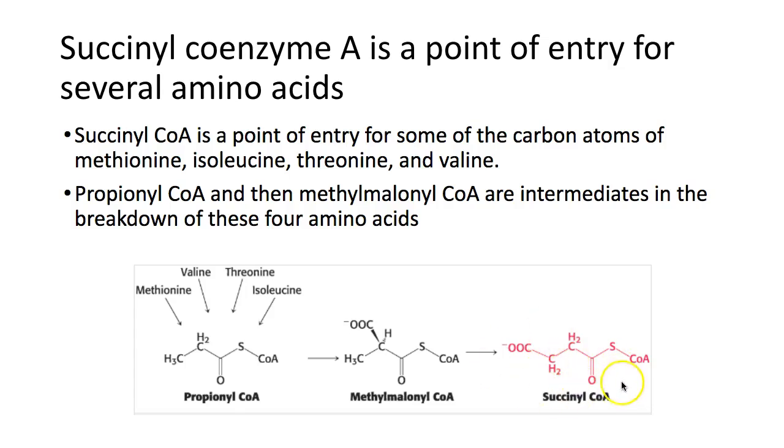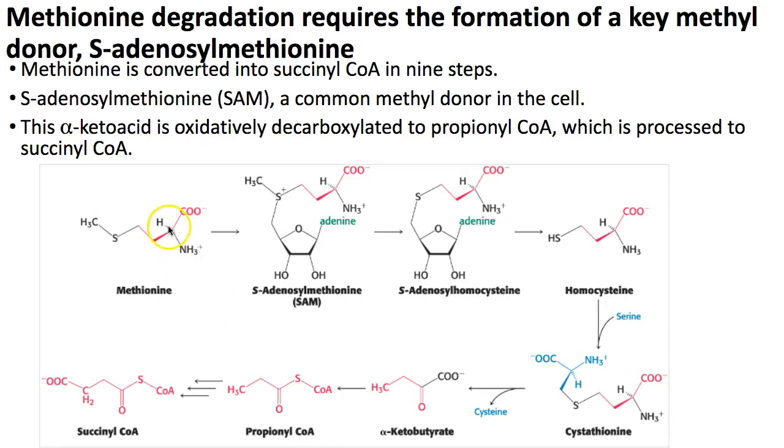Then we have succinyl coenzyme A, which gets produced from these listed amino acids. One of the most important ones is methionine.